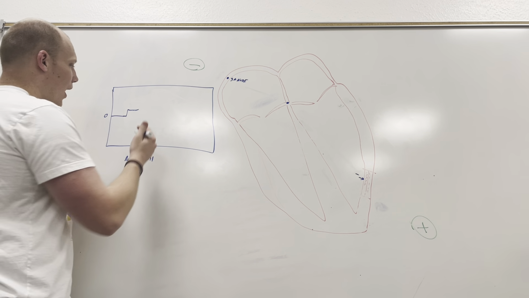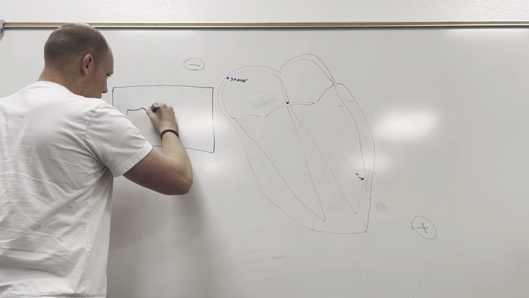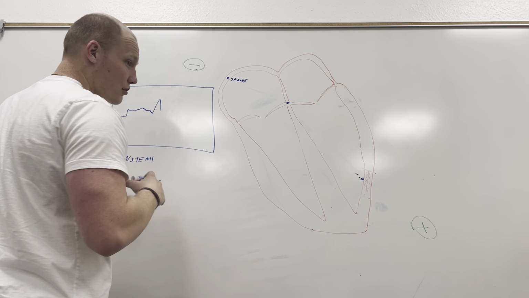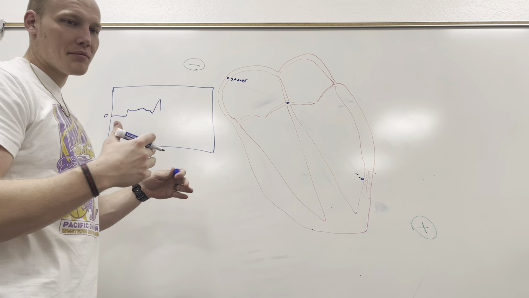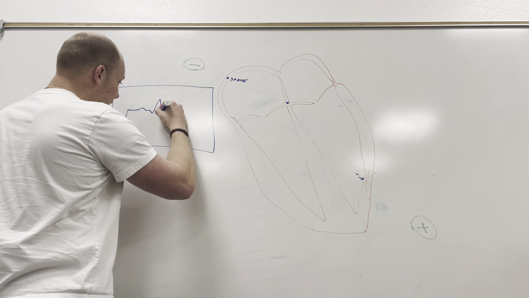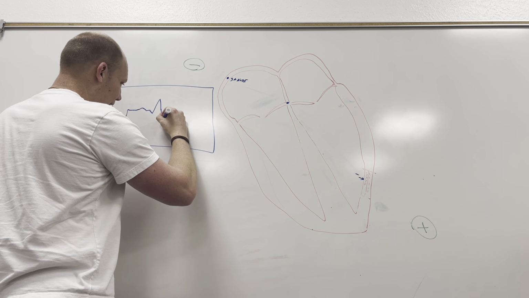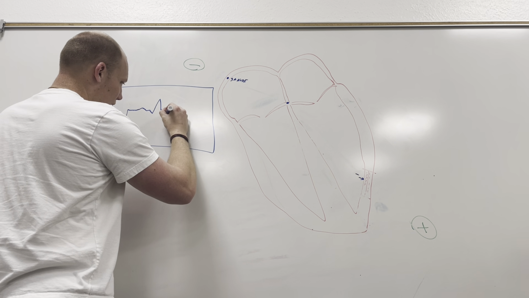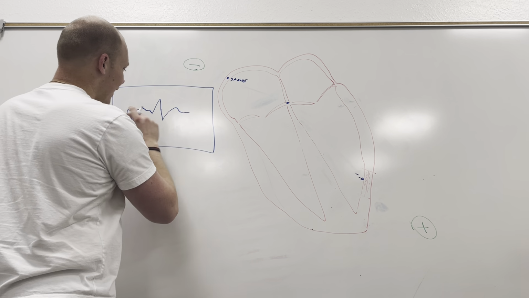So what happens? We get a regular P wave, we get a QRS complex, but here's where it's different. The S wave must always come down to the original baseline. So in this case, this S wave will be exaggerated. It will come back up and it'll slowly make that T wave and go back to the new baseline.